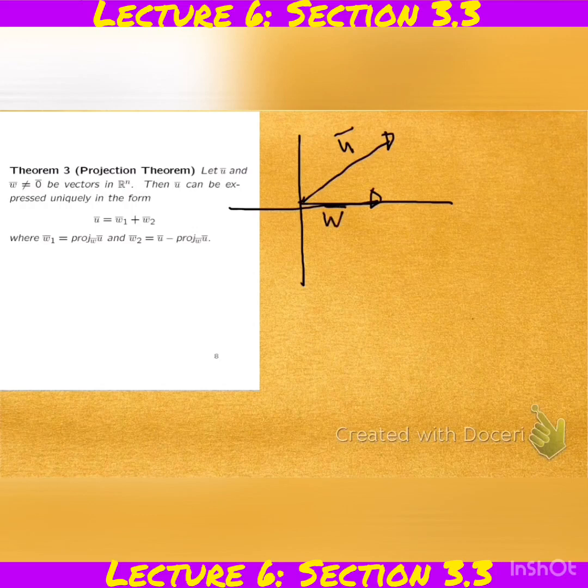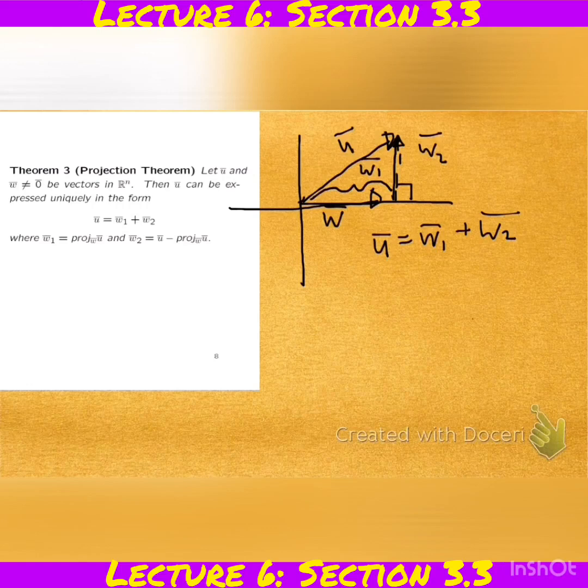There's the vector w. Now, if we look at the vector u, we know by the parallelogram method that the vector u can be expressed as the sum of vectors w1 and w2. w2 is this vector, and w1 is that vector there.